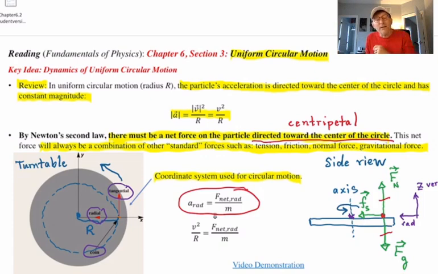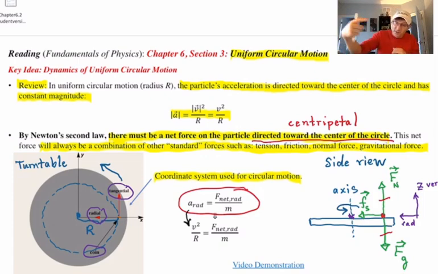So here's how I write Newton's second law for the radial axis. A radial equals F net radial over M, just like I would have said, A sub x equals F net x over M. Now my coordinate is the radial one. The next thing to remember is what we wrote just up above. Our radial acceleration is our old friend v squared over the radius.